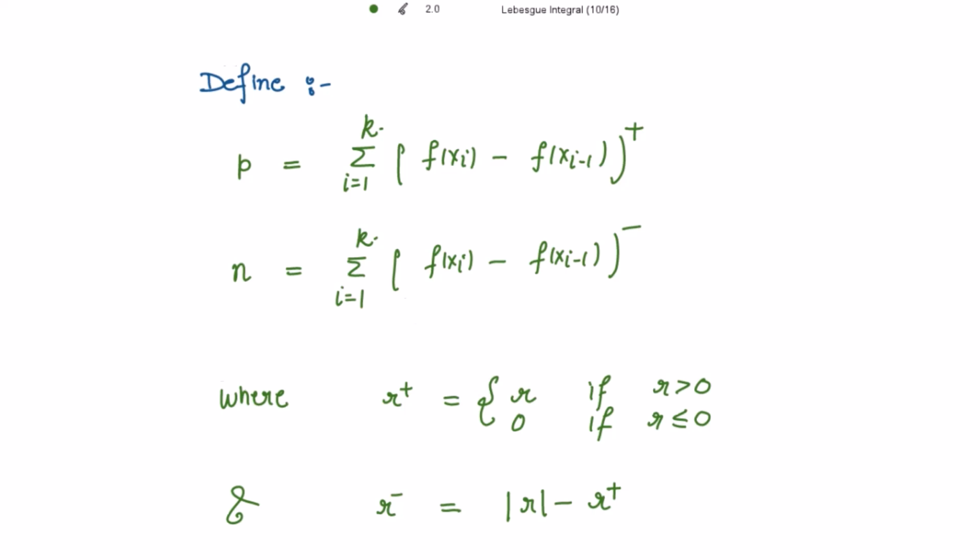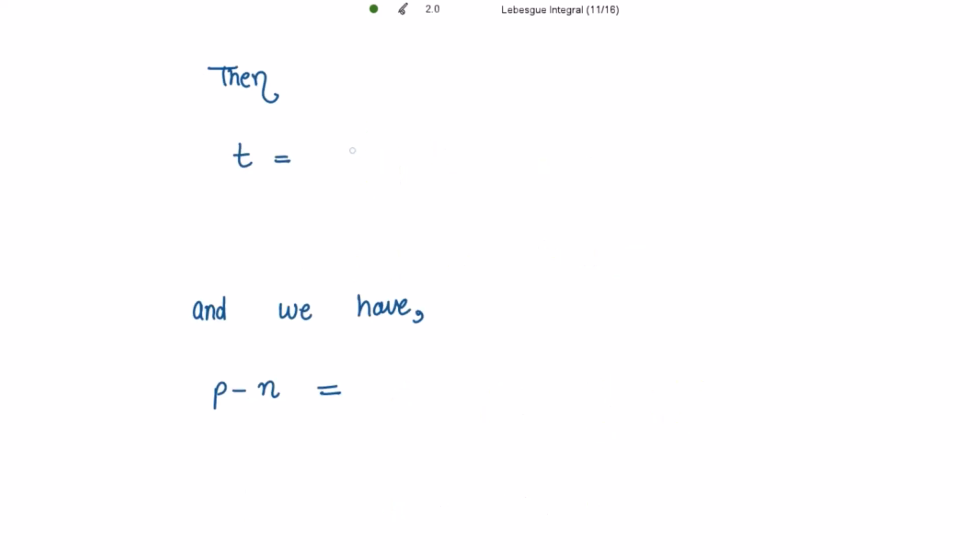Okay. Then we denote t to be the sum of positive plus negative variations. And we take this to be equal to the summation of the absolute value of f(xi) minus f(xi minus 1), where i is starting from 1 to k.